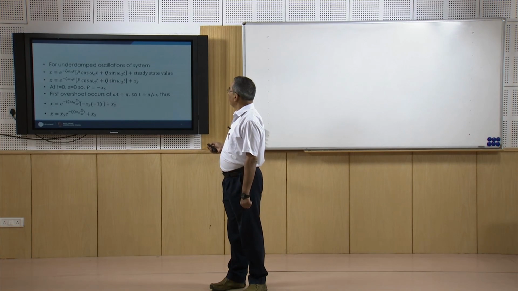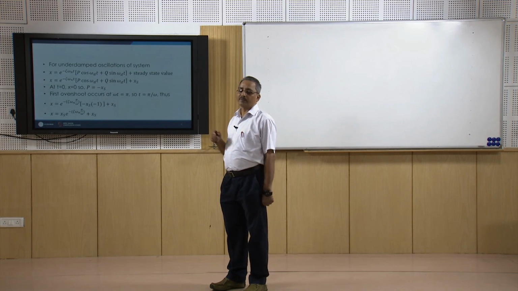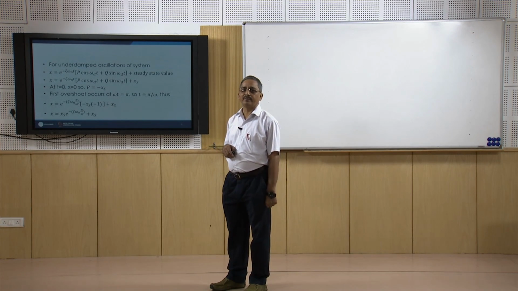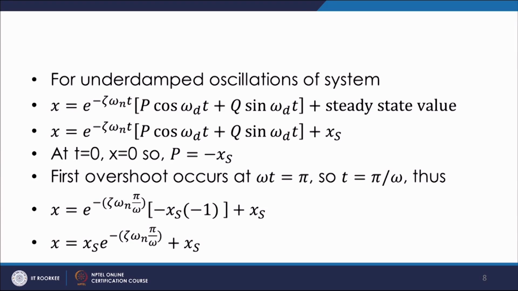For underdamped oscillations of the system, we have seen in our last lecture that the output amplitude x is given by this relationship, plus the steady state value.